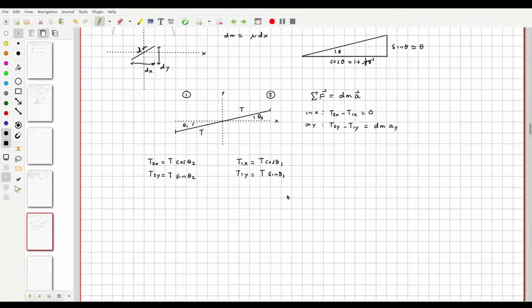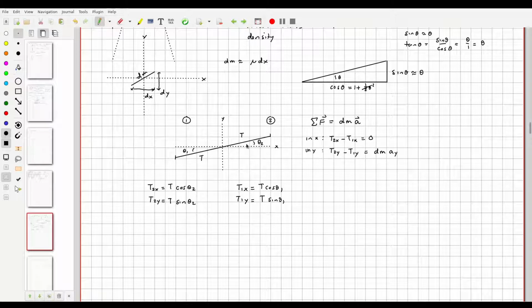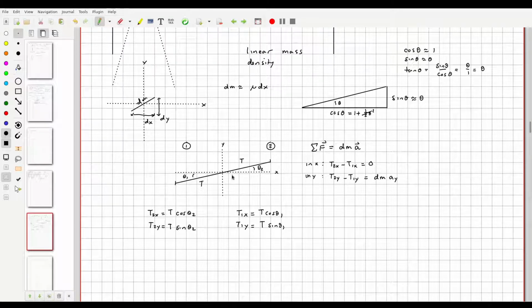Okay, now check this out. Not only is this the way the tension looks, but if you think about how this thing is put together, and let me use a different dashed line, that gives us a sense of how the angles work as well.